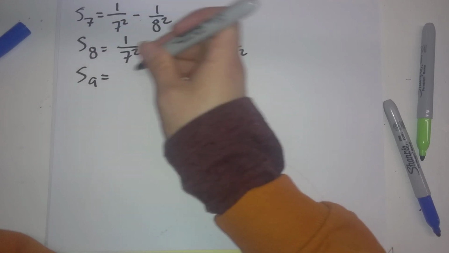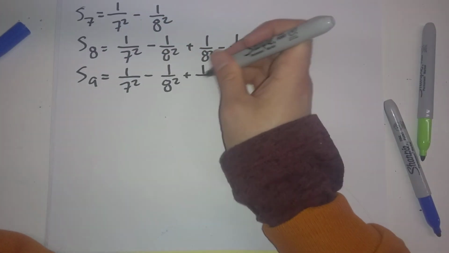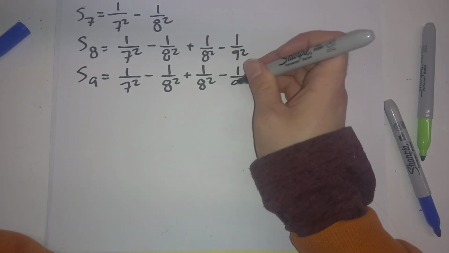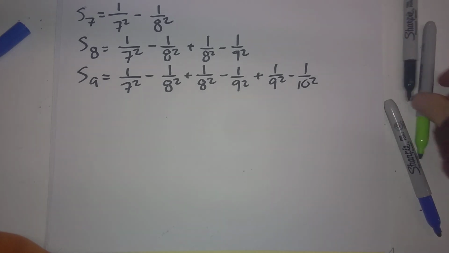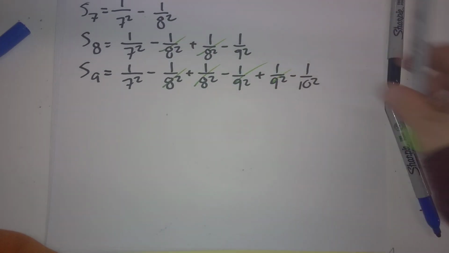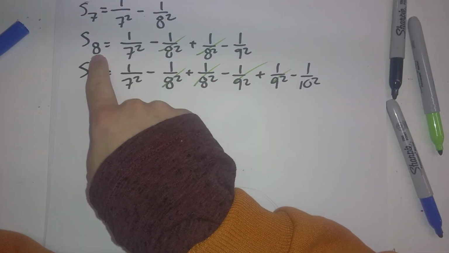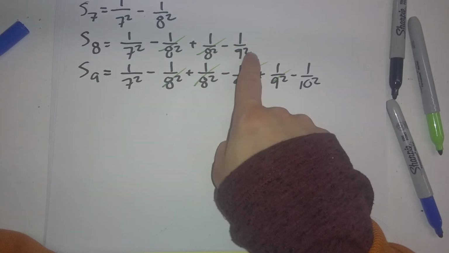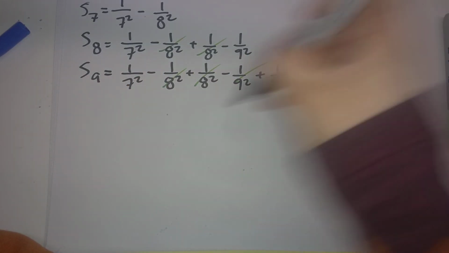S sub 9 is 1 over 7 squared minus 1 over 8 squared, plus 1 over 8 squared minus 1 over 9 squared, plus 1 over 9 squared minus 1 over 10 squared. Cancel, cancel, cancel. So we see S sub 7 is 1 over 7 squared minus 1 over 8 squared. S sub 8 is 1 over 7 squared minus 1 over 9 squared. S sub 9 is 1 over 7 squared minus 1 over 10 squared.